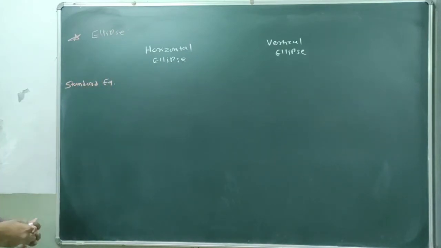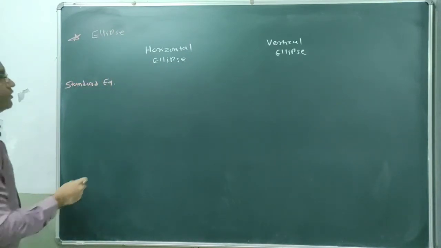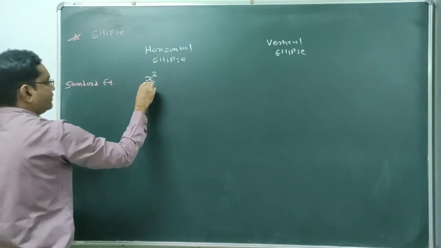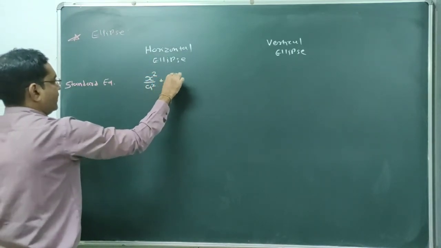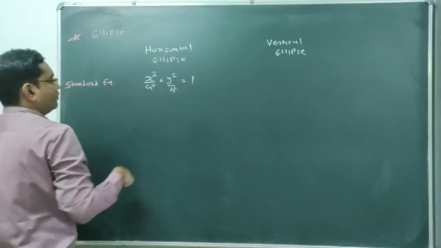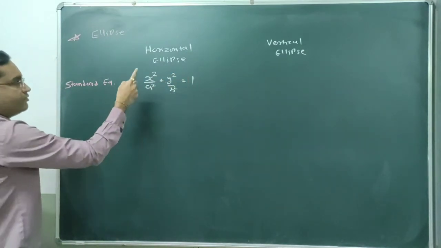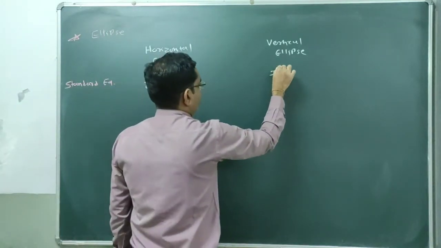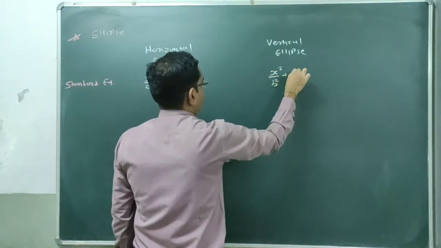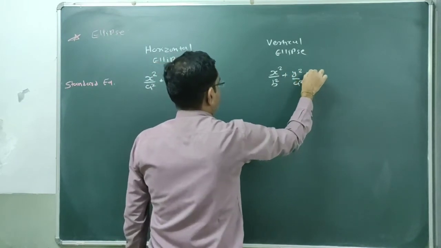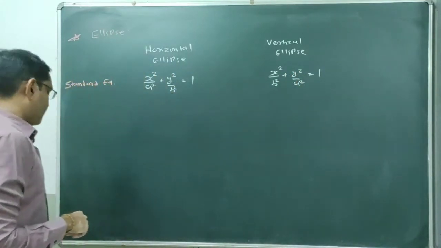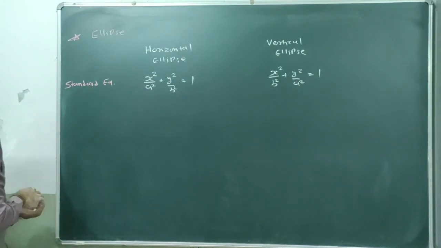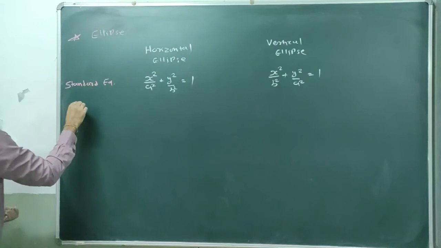So what is the standard equation for this horizontal ellipse? For horizontal ellipse, the equation is x square by a square plus y square by b square equal to 1. This is the standard equation for this horizontal ellipse. For vertical ellipse, it's x square by b square plus y square by a square equal to 1. Done. This is the standard equation. Now we have to write coordinates of focus.